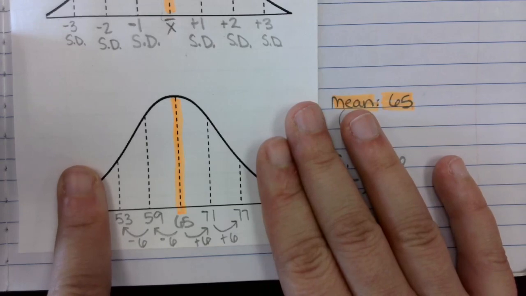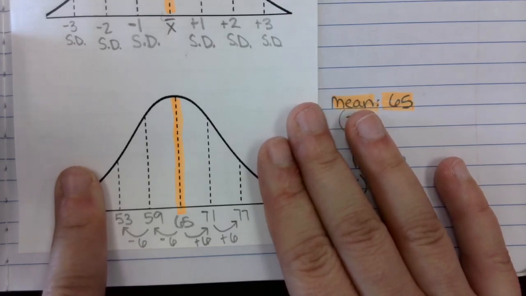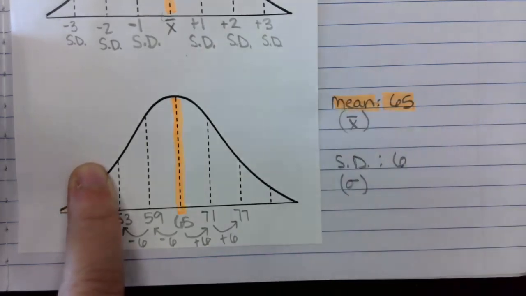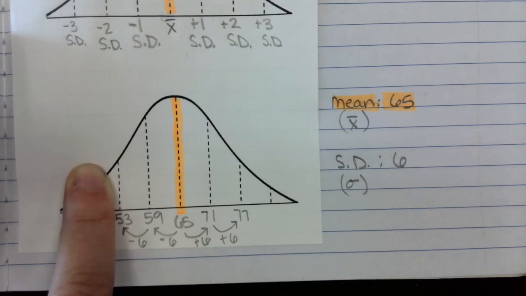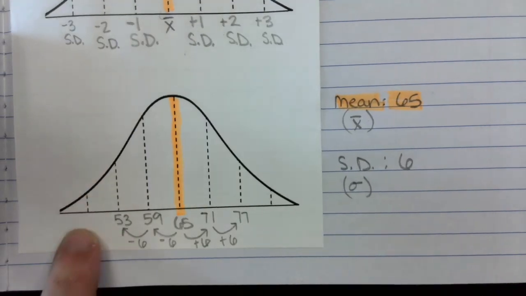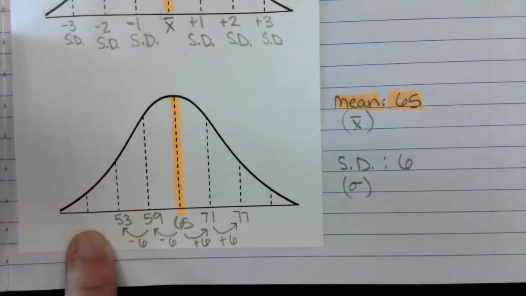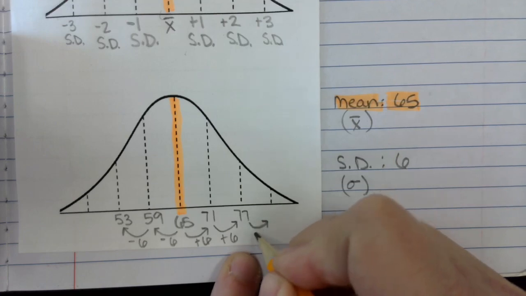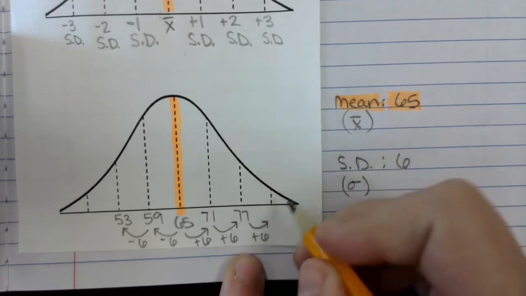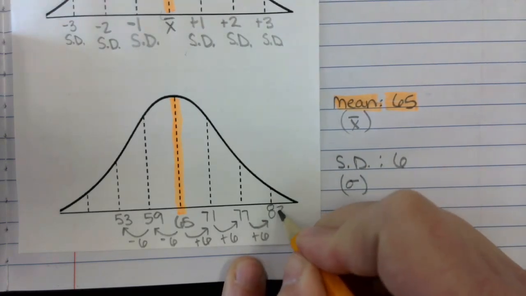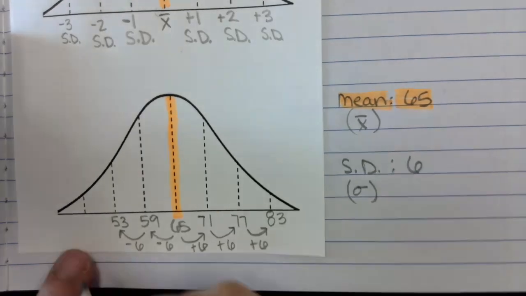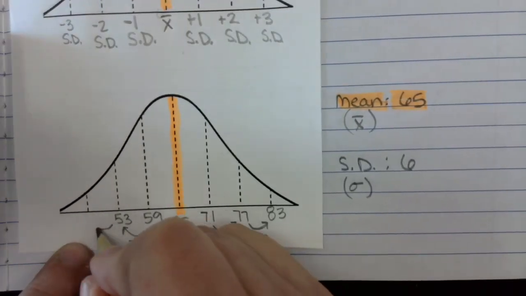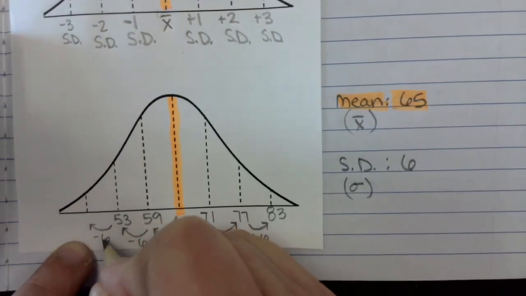But do you guys remember what was our high for our range? It's on the board. For Apollo, we had 88 was our high, and our low was, we literally are like 40 seconds away. Okay, so 77, if I add 6 more, what will I end up at? 83, and almost all my scores would be between 83 and, what's 53 minus 6? 47.